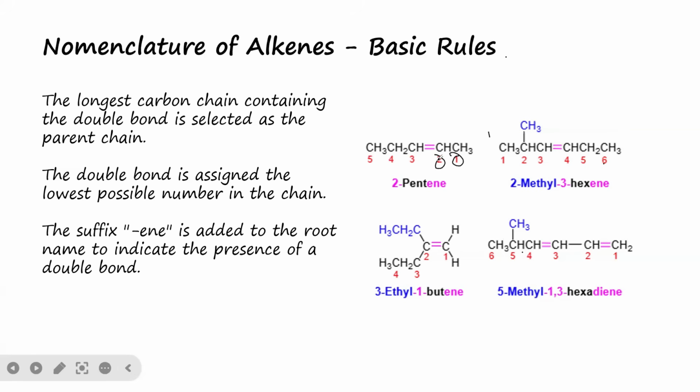Why not from here, 1, 2, 3? Because the double bond, if you started in this direction, is 3, and if you started from here is 2. So we always take the lowest possible number. That is why it started here. And at the end, we have 2-pentene, because there are 5 carbons, and the position of the double bond is indicated with the 2.